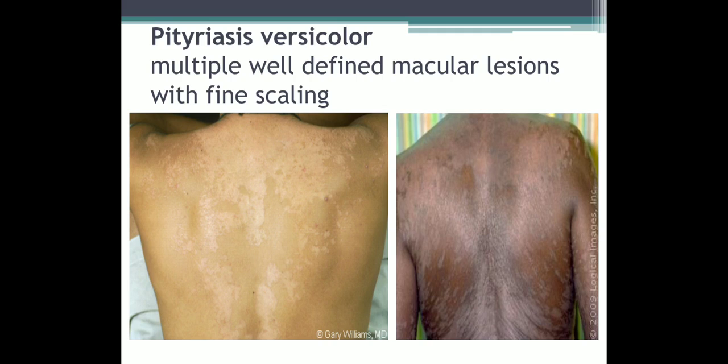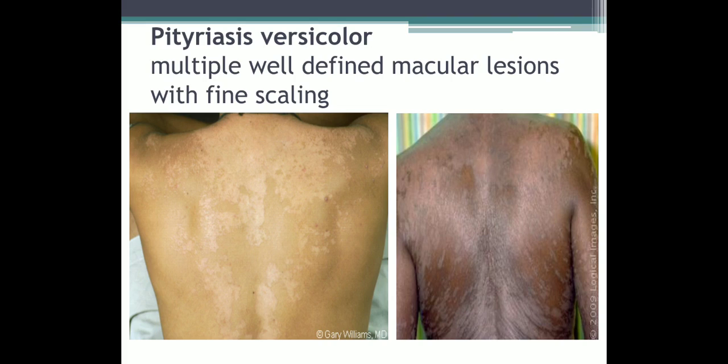First, we will discuss pityriasis versicolor. Versi means variety, color means colors. As you can see here, patients with pityriasis versicolor usually have multiple well-defined non-inflammatory macular lesions with fine scaling.